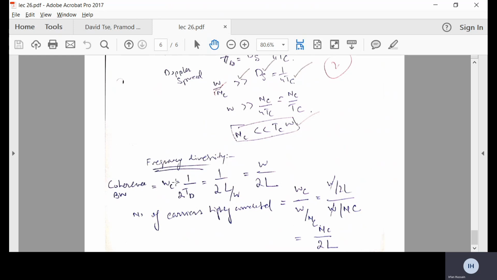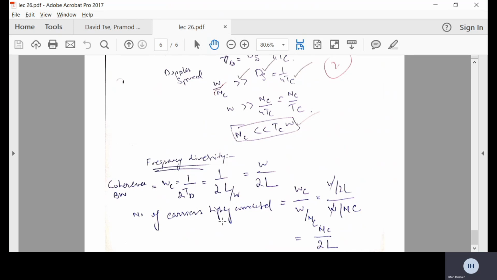The delay spread can be written as L over W. So the corresponding delay spread could be L over W, hence the coherence bandwidth comes out to be W over 2L. W is the total bandwidth allocated, divided by 2L. This will give you the range of bandwidth over which the frequencies are correlated.